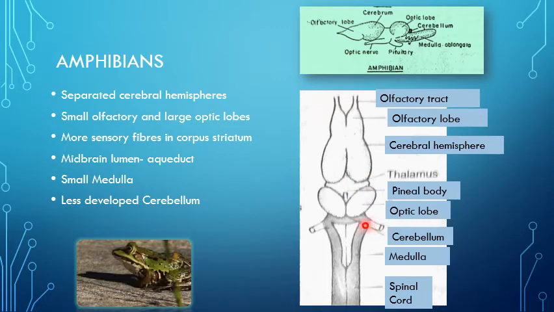And there is a relatively smaller cerebellum as compared to higher vertebrates. And there is a small medulla which goes into the spinal cord. In the midbrain lumen, the aqueduct is present which connects the brain ventricles.